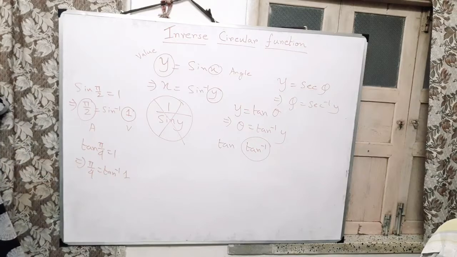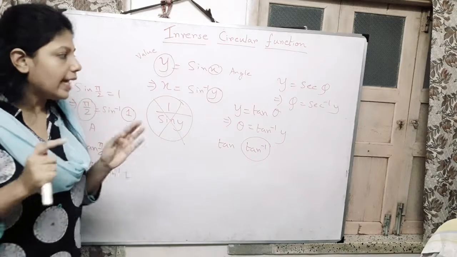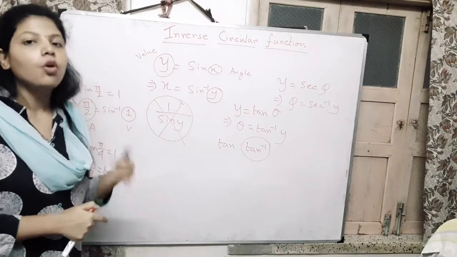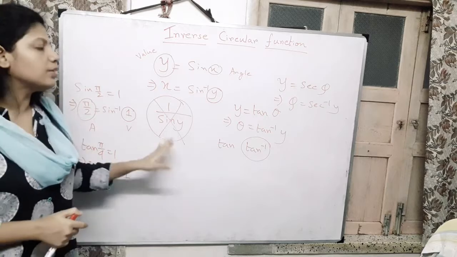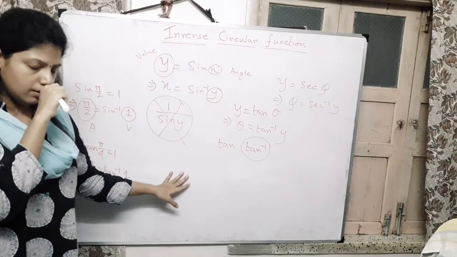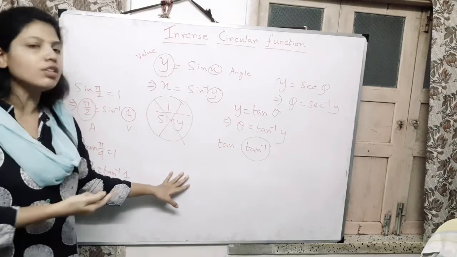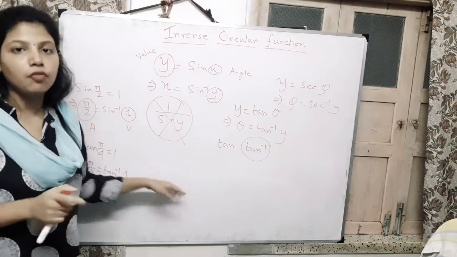Now there is a term here, principal value, but I will not tell that right now. When I finish the function part, then I will tell what principal value is. Today I will tell some formulas, and based on those formulas you can do any sums regarding inverse of 4 marks.